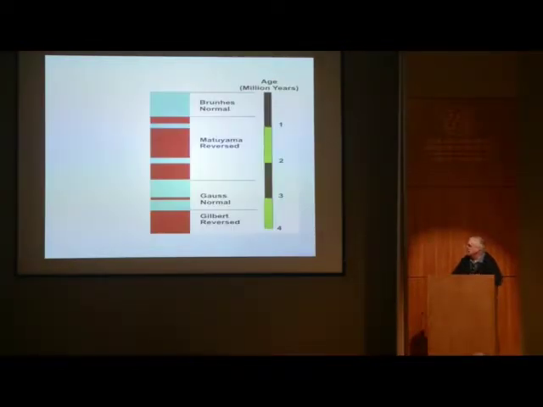Now here's the magnetic reversal diagram, showing the blue as the normal, the way it is right now, and the red as the reversed field. These two guys gave their name to these first period reversals, and we have identified additional reversals going back in time.